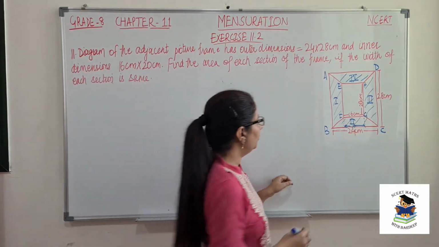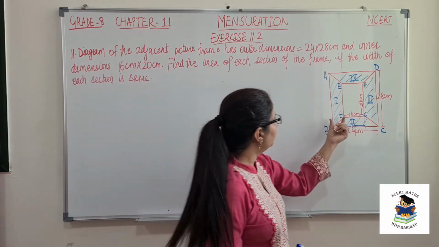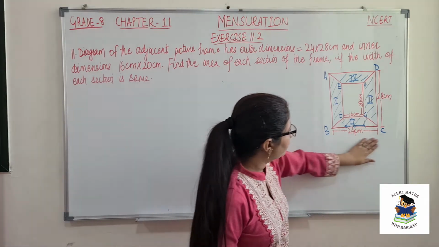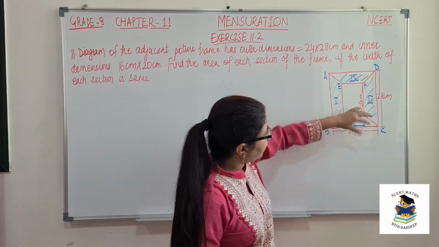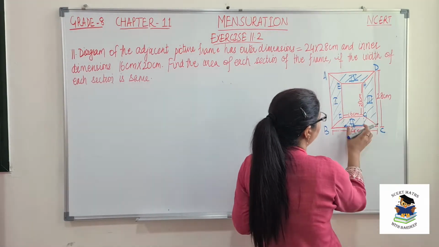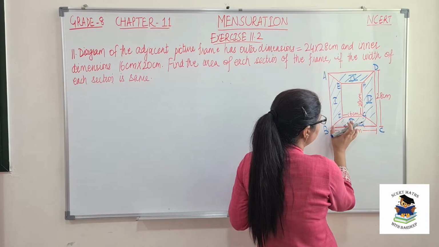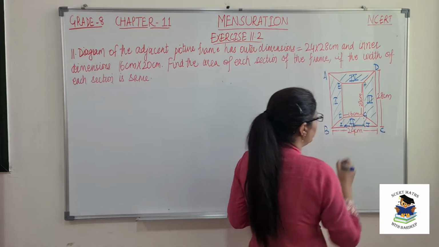Now we can see we have the length of the parallel sides but we don't know this distance, that is the perpendicular distance. This full is given as 24 and this is 16. If we extend it down, this way, this is also 16. So full is 24, this is 16, let it be I, J.